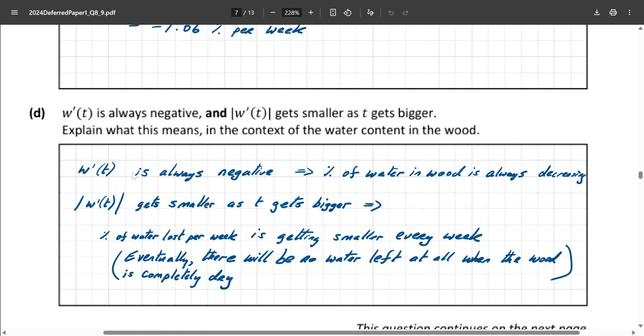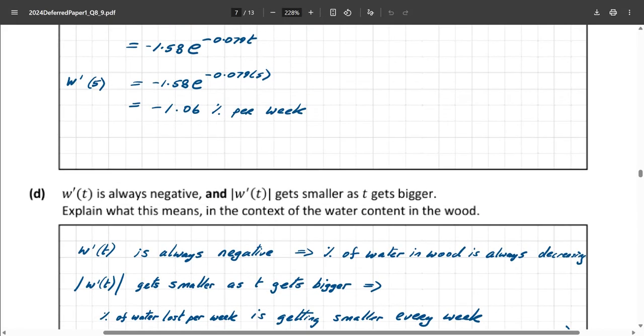Decreasing functions, the derivative is less than 0, increasing is greater than 0, etc. So what we're trying to say here basically is simply the percentage of water in the wood is always decreasing. So as time goes on, it's common sense anyway, but the maths confirms it. As time goes on, the amount of water is decreasing. So that's what w dash t is telling us.